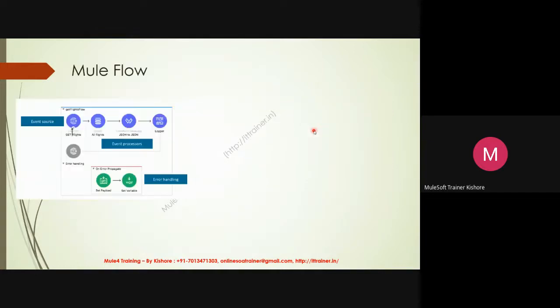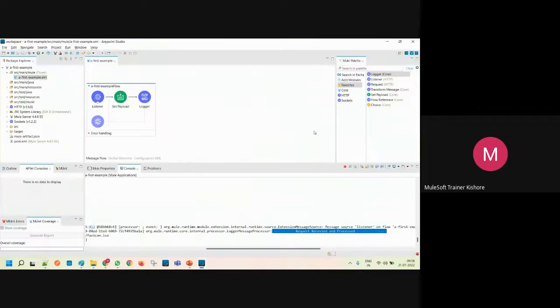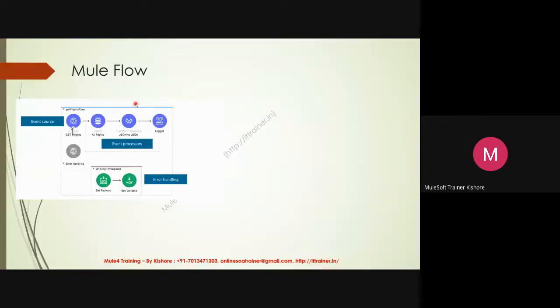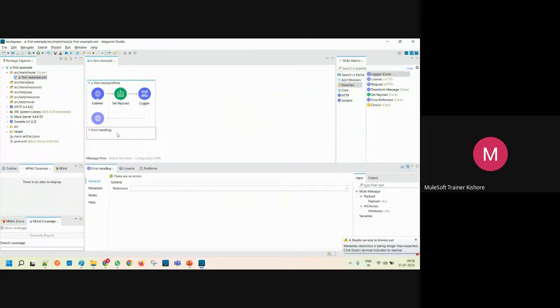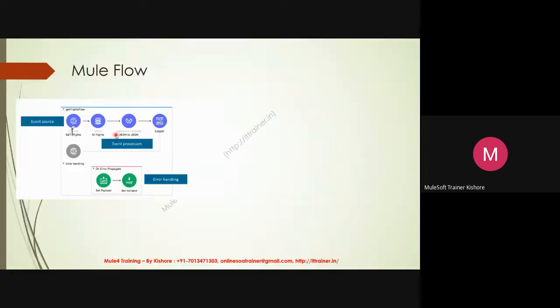So in a Mule flow, what will we have? We will have an event source. I will talk about flow separately, but just at a high level, you will have an event source, which is the one responsible for accepting the request. We will have event processors, and then we will have error handling as well.